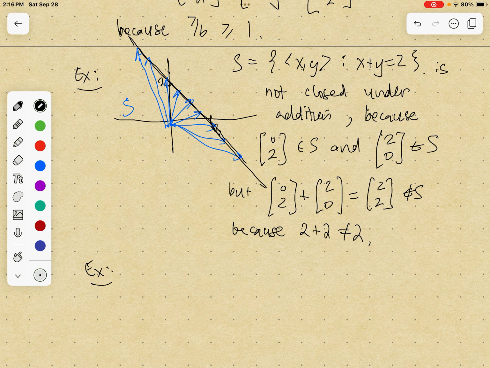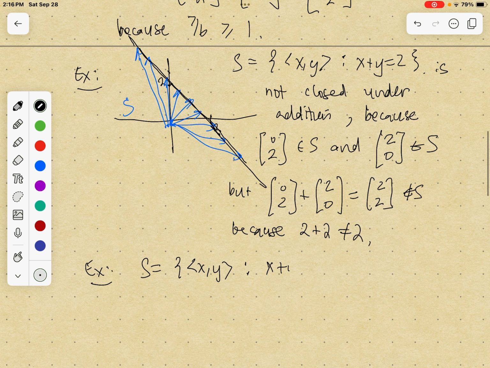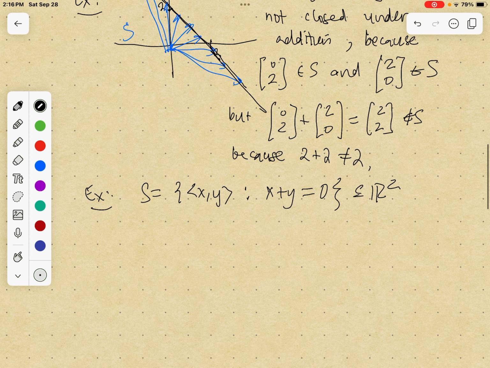So let's say that S is the set of (x, y) such that x plus y is equal to 0. So this is a subset of R2. Is this closed under vector addition?